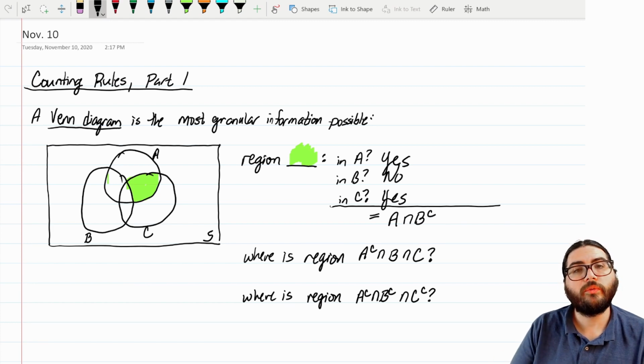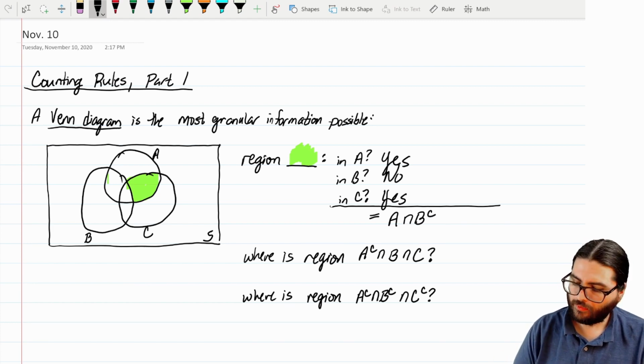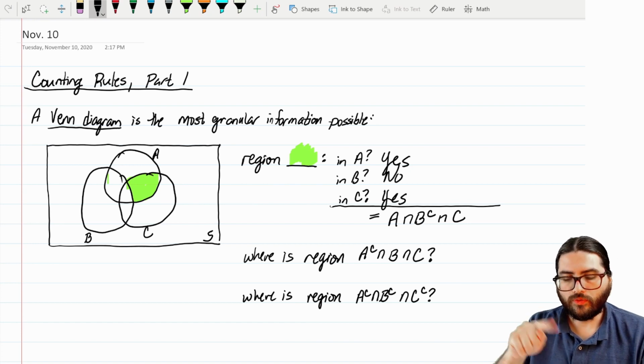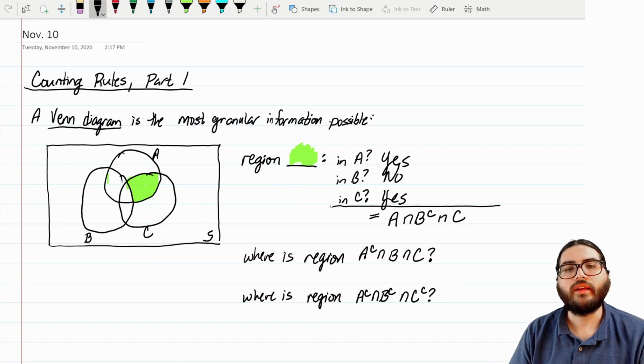Remember, B complement means it's not in set B. Intersection set C. I know that seems a little bit weird because we're not used to seeing quite so many sets being connected together, but that's very specific information. Each one of these little subregions can be expressed with all 3, A, B, and C, in this sort of intersection connected way.